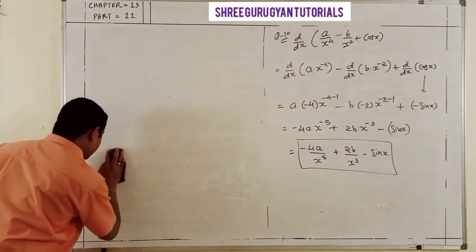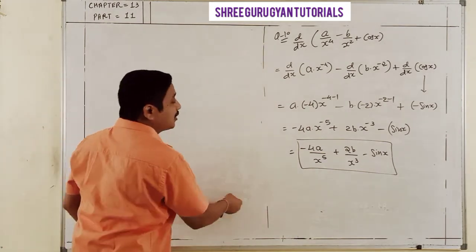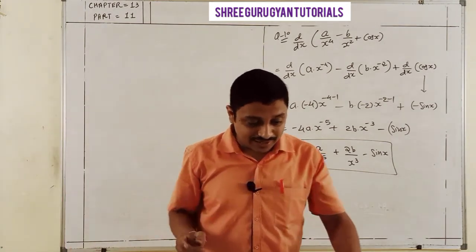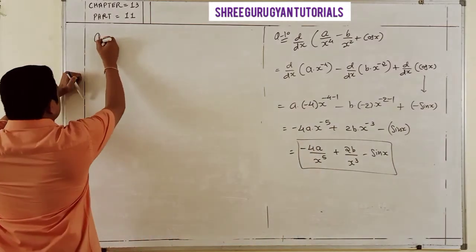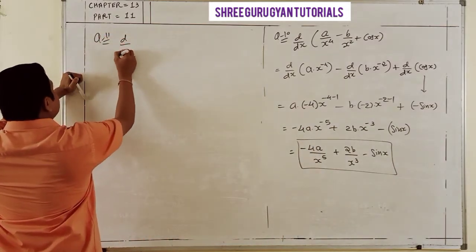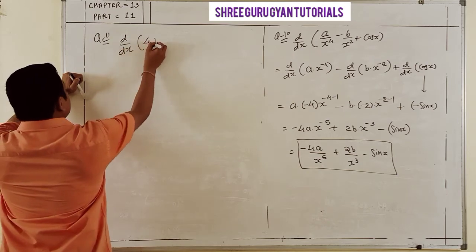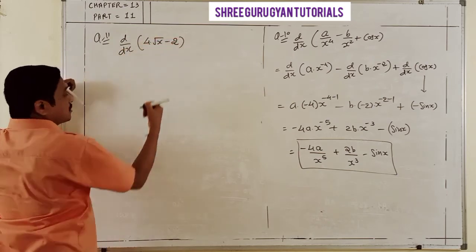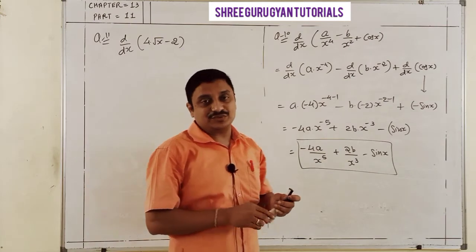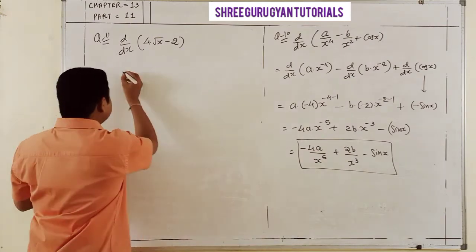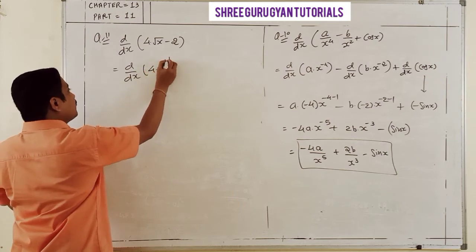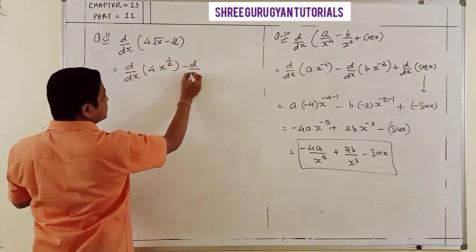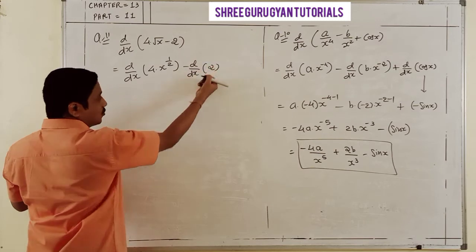Indirectly it is a very easy numerical, but only if you know the formula by heart. The 11th one is a very short question: d/dx of 4 root x minus 2. Simple, but I will take root x in the form of 4x raised to half minus d/dx of 2.